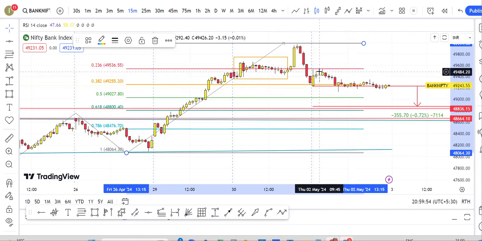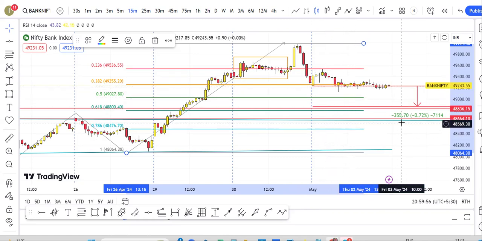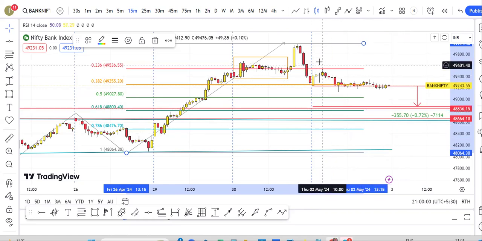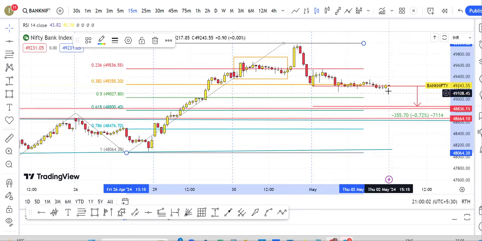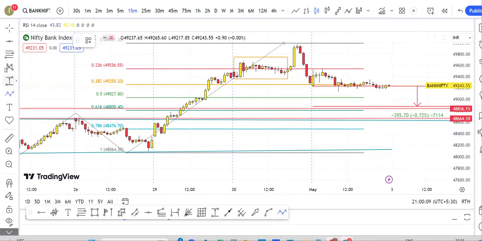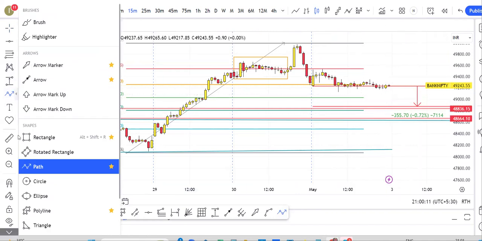So you saw a double top resistance over here, and they have created a liquidity zone over here, and it is also an imbalance. Suppose the market comes to this level, you can anticipate the market after reversing.